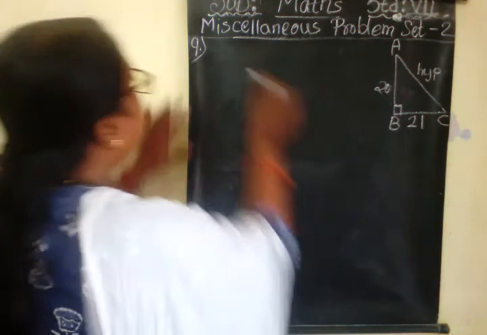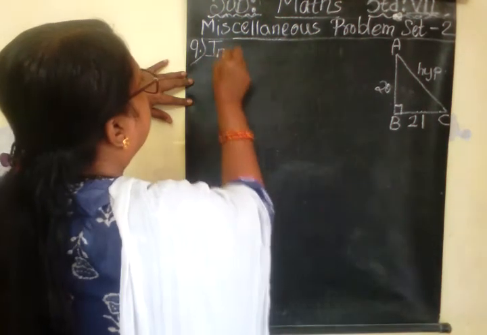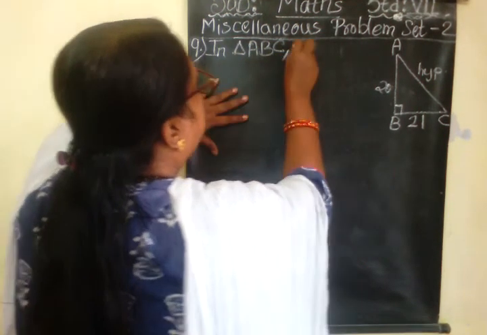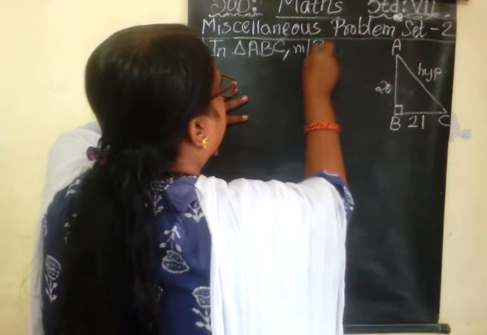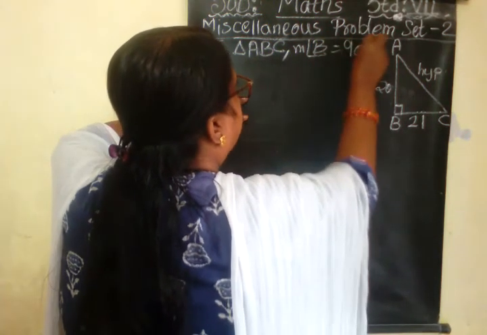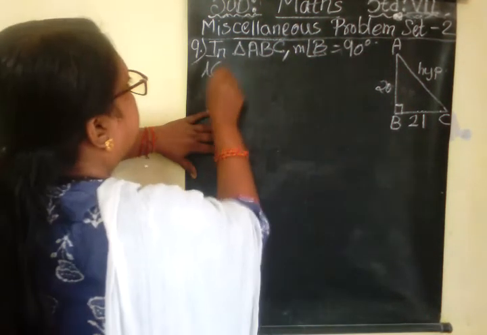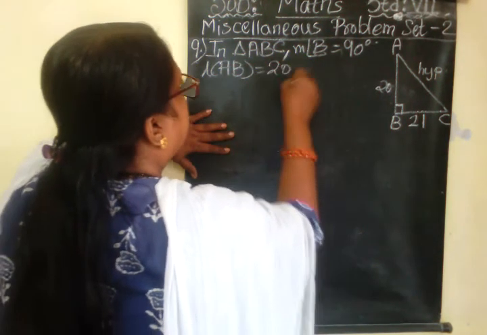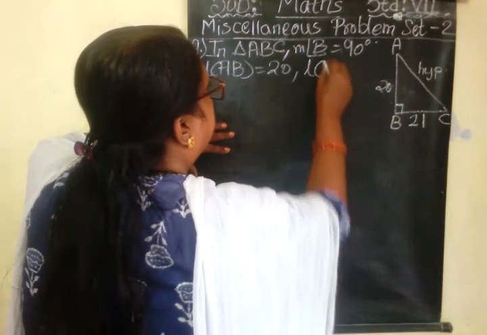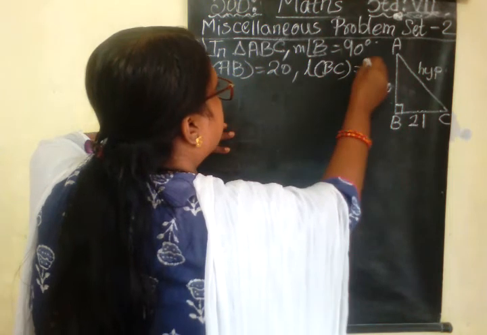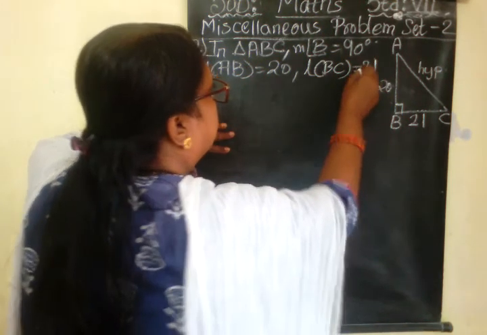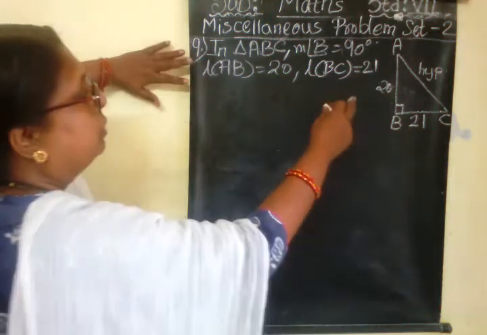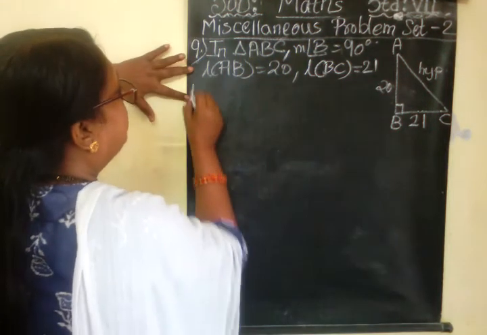First we will write the things given. In triangle ABC, measure angle B equals 90 degrees. Length AB equals 20. Length BC equals 21. So these are the things given. Okay. So now by Pythagoras theorem you can find the hypotenuse.